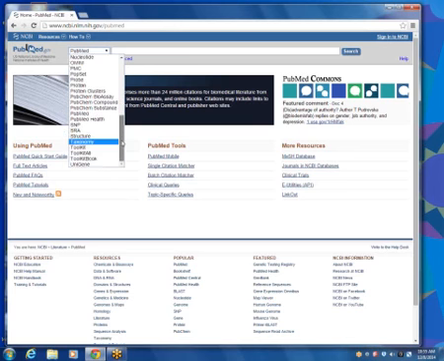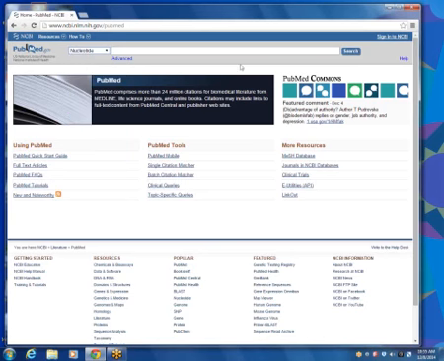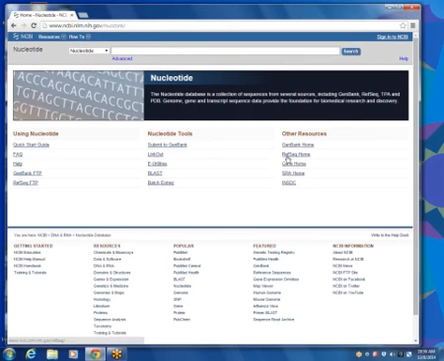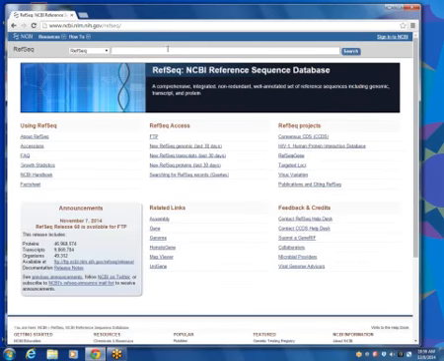But you can take one like a nucleotide, or RefSeq, where you can actually find a sequence that you're looking for.